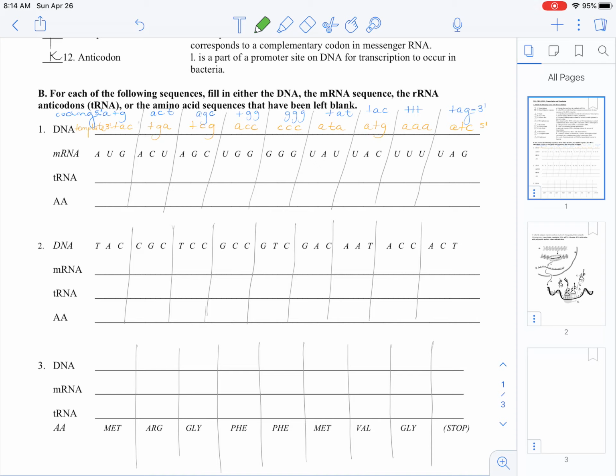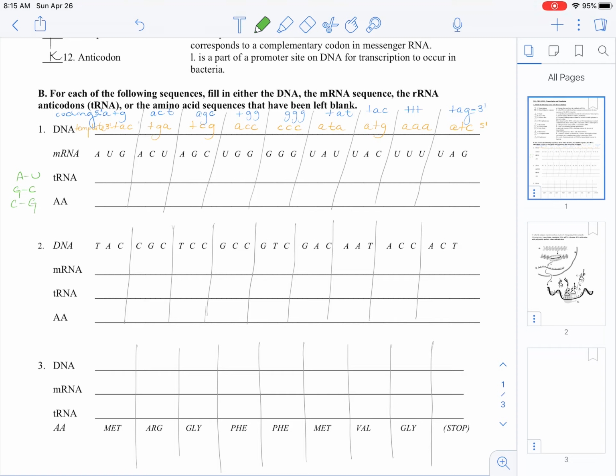So understand, because we are having, in essence, an RNA-RNA interaction there, the base pairing here is going to be A to U, G to C, C to G.